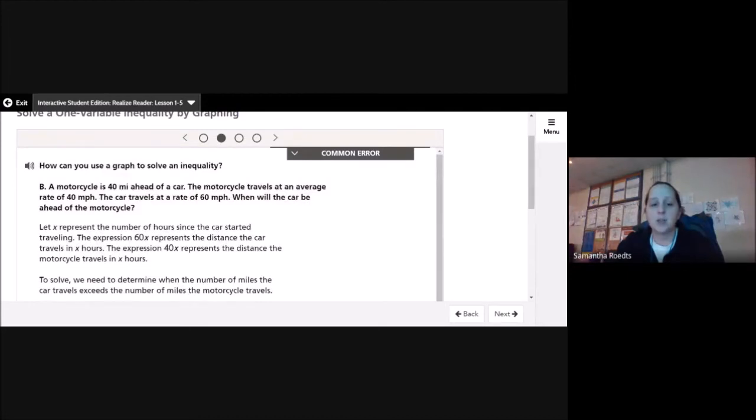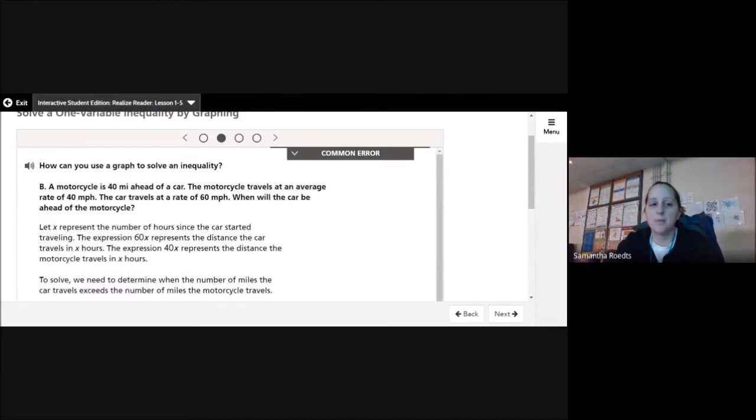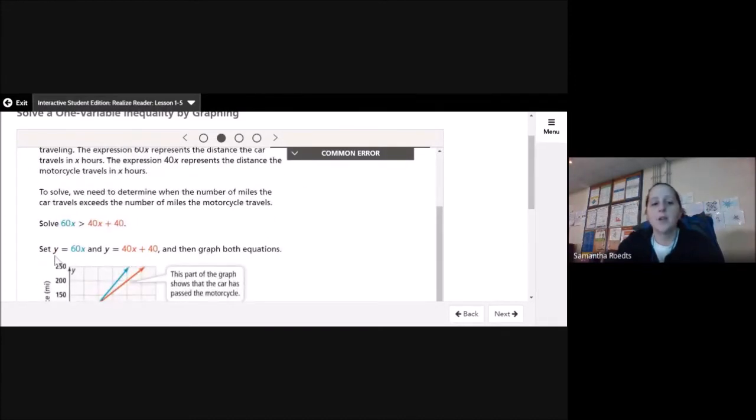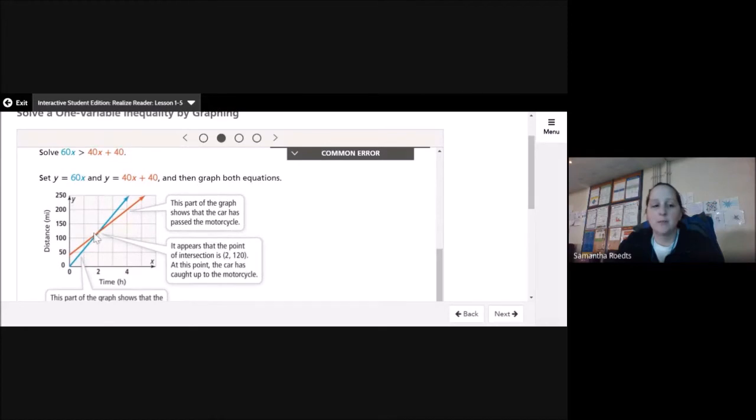So 60x, which is the miles per hour of the car times the hours it traveled, is greater than, because we want to know when the car will be ahead of the motorcycle, 40 times the hours it traveled, plus 40, because the motorcycle was 40 miles ahead of the car. So I set y equals 60x and y equals 40x plus 40, and then graph both equations.